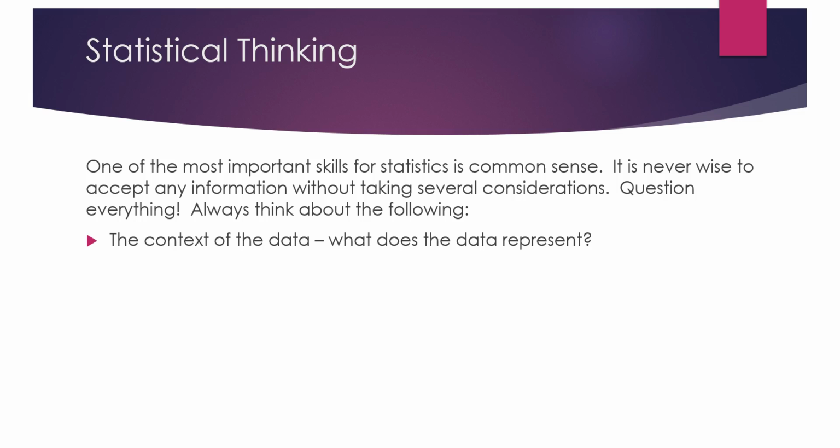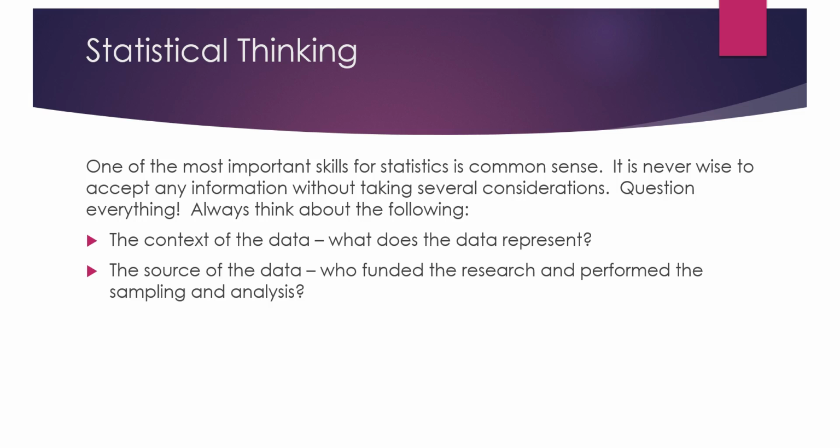So the first thing, context. What does it represent? What does it mean? The second, the source of the data. Who has funded the research and performed the sampling and analysis? Sometimes things have happened with certain studies and experiments where a person inputting the data was lazy or very careless.